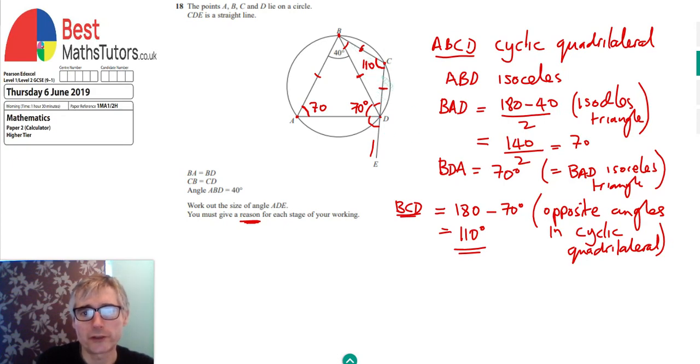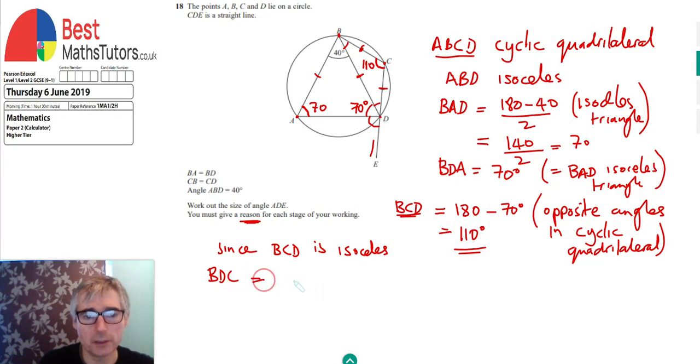So we can say that since BCD is isosceles, then angle BDC is going to be equal to 180 minus the 110, and then divided by 2.